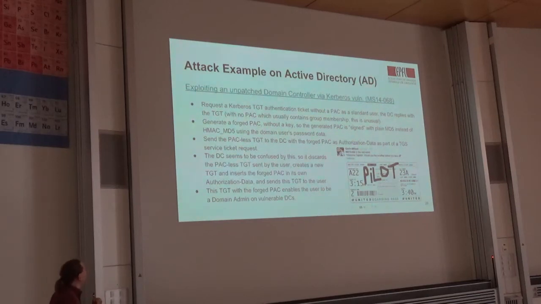So the attacker just forges a PAC, and then sends the otherwise legitimately signed ticket granting ticket without the PAC to the domain controller, along with the forged PAC as a separate field, as kind of a sideband field.